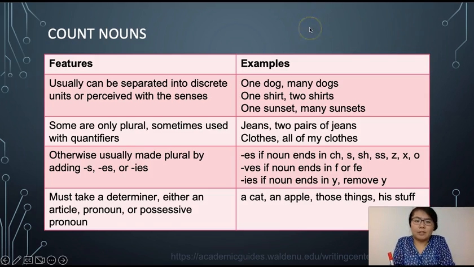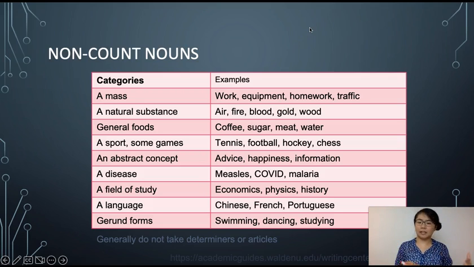Non-count nouns generally do not take determiners or articles of any kind, although sometimes we do see this for emphasis, like, oh, I got the COVID, that was a bad thing. Emphasize with use of a determiner, the definite article.